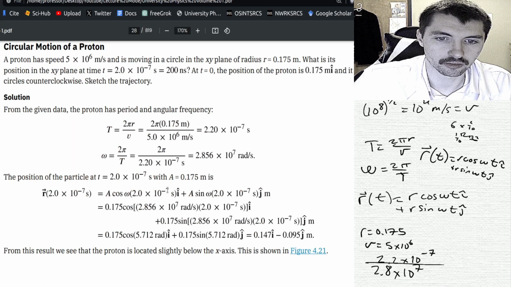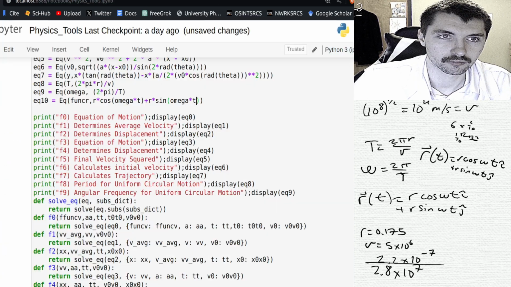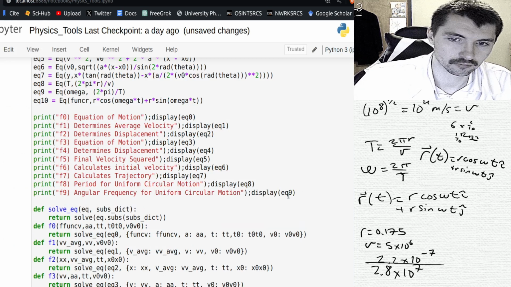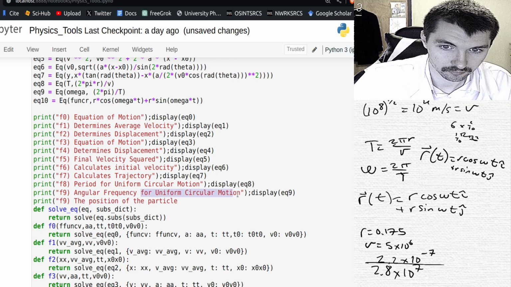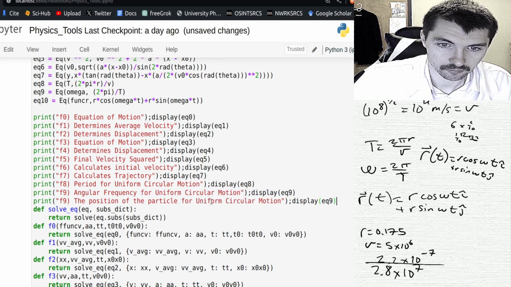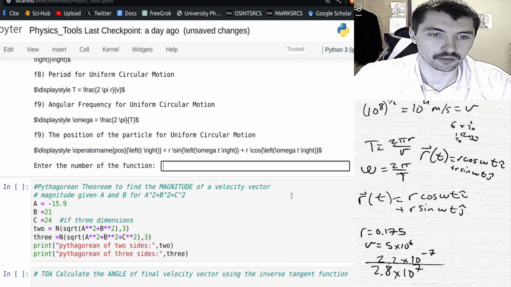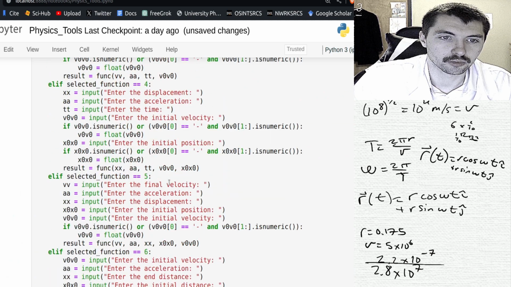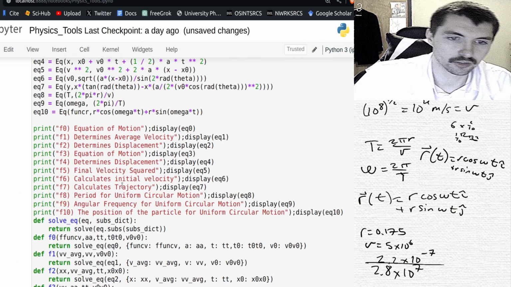So what would this be called? Oh, I want that to be a 9, right? Function 10.